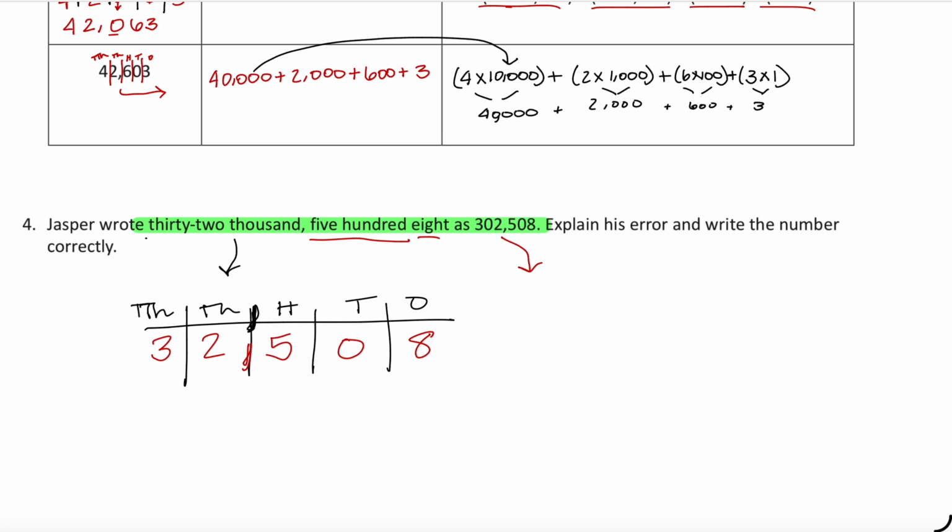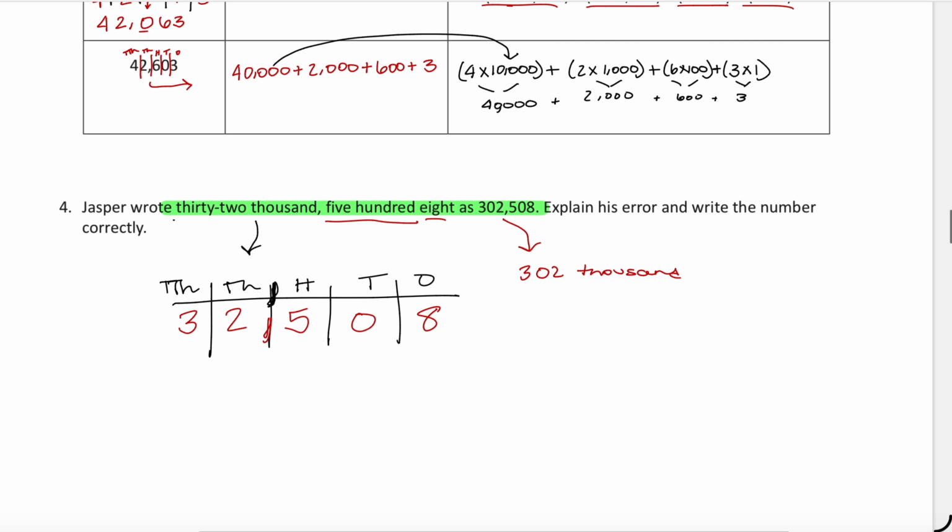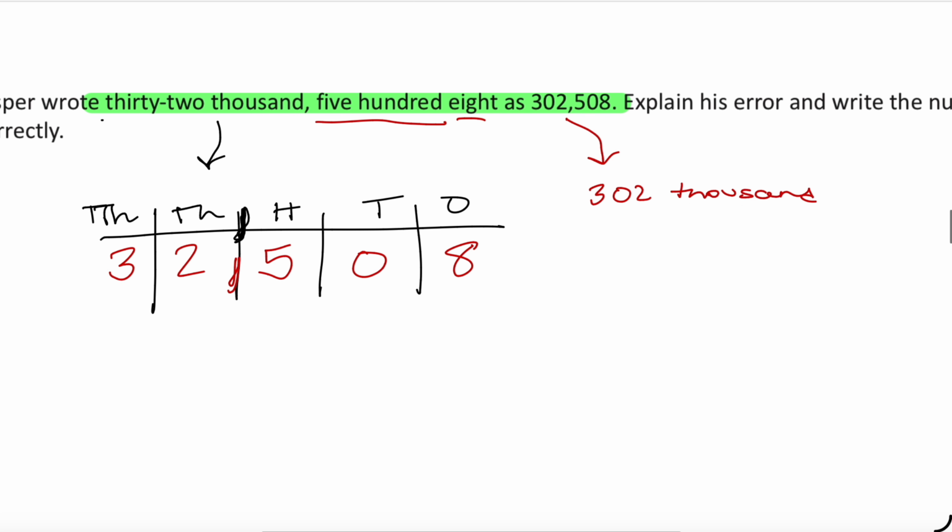No. This number is 302,000. And then you have 508. So his error is that he has 302,000 here, and then what he wrote was 32,000. So he did make a mistake in this case.